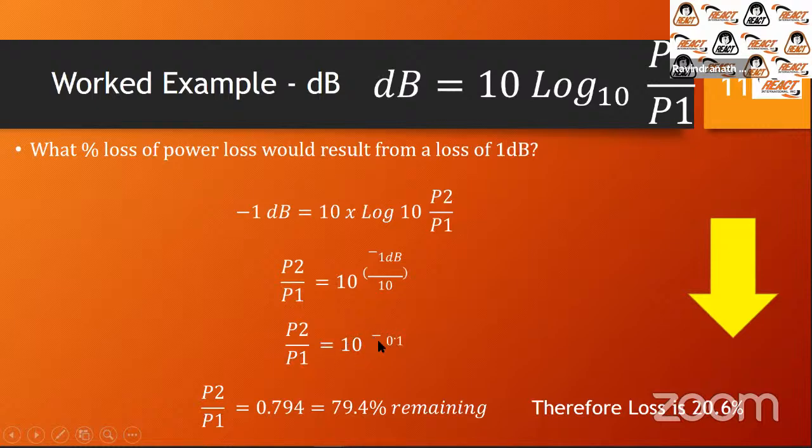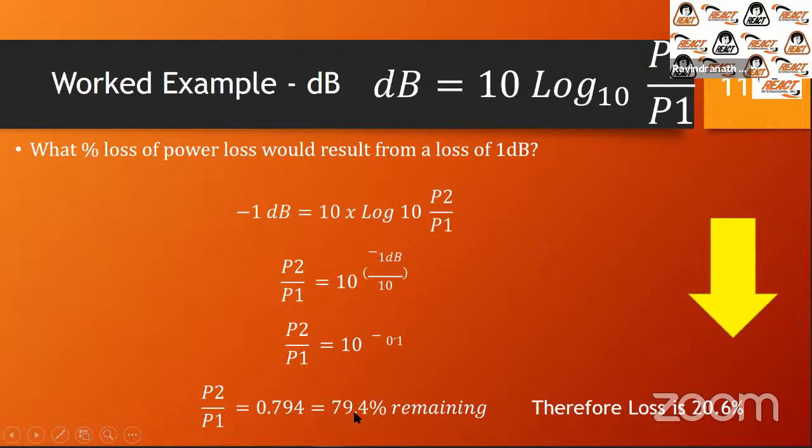If you use your calculator and use the exponent powers and so on, you will get this value. We won't go into the actual detail of calculation. If you wish, convince yourself that this is true, but these are the workings. You plug it into the formula, you do transposition or algebraic manipulation, and you solve for the power ratio. And you get that it's 0.794, which means that it's 79.4% power that's remaining.